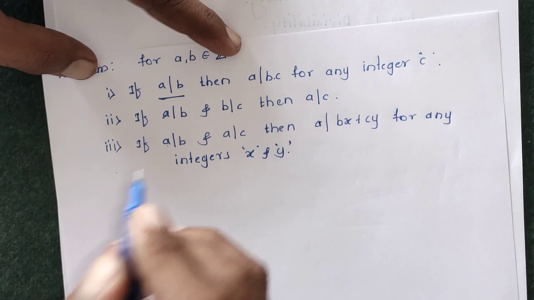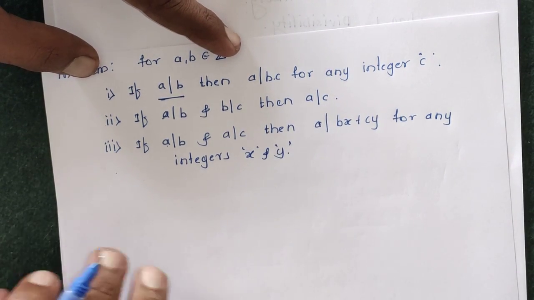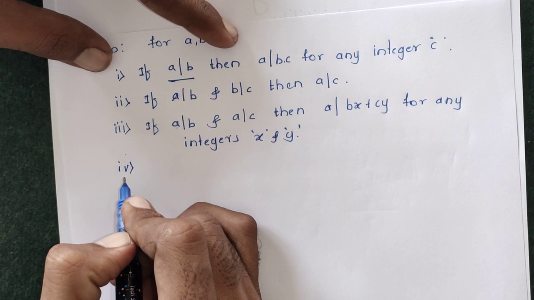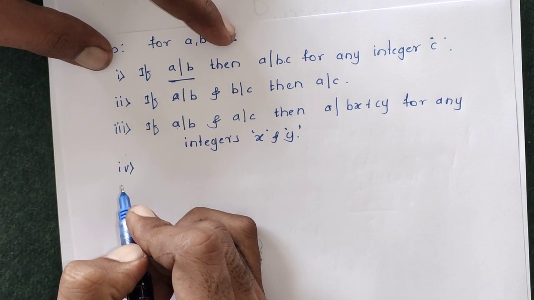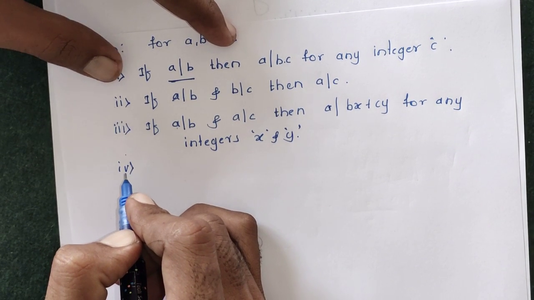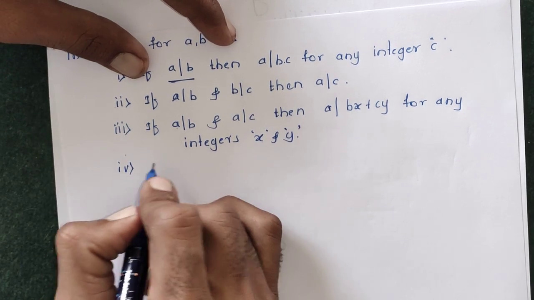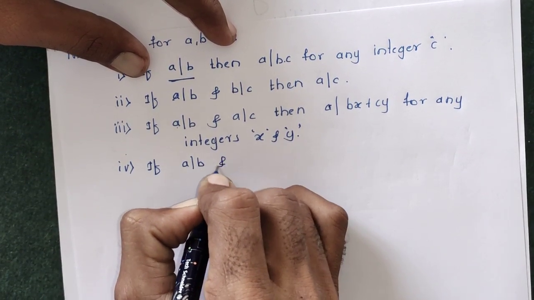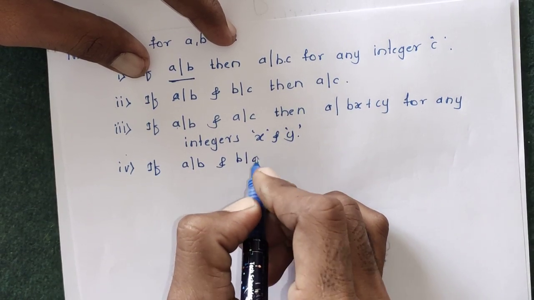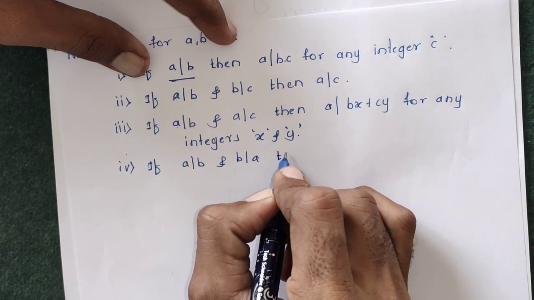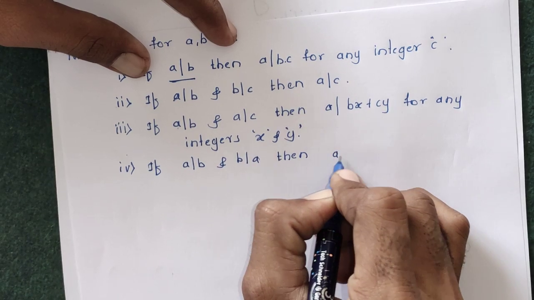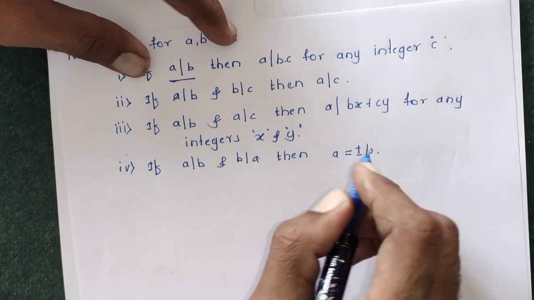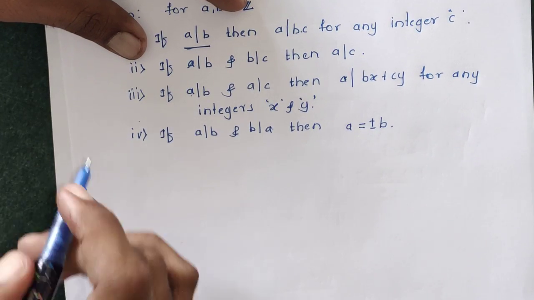The fourth statement is, if a divides b and b divides a, then a is equal to plus or minus b.